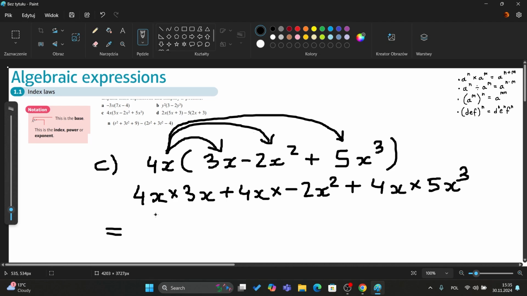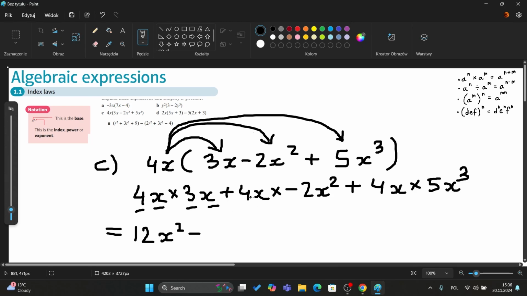So 4x times 3x, first we multiply the normal numbers 4 and 3 to give us 12. Now we multiply x and x to give us x squared. Now we do the same with the rest.